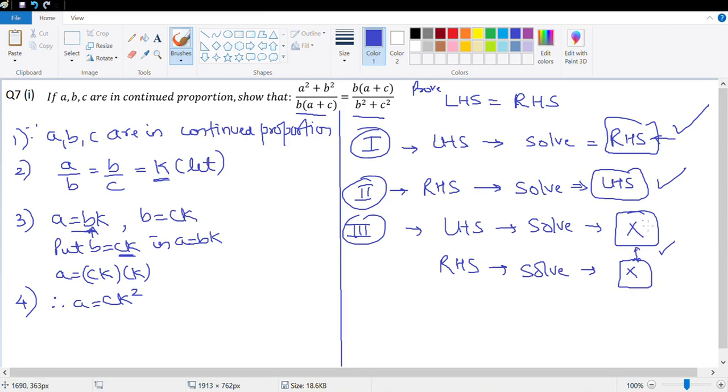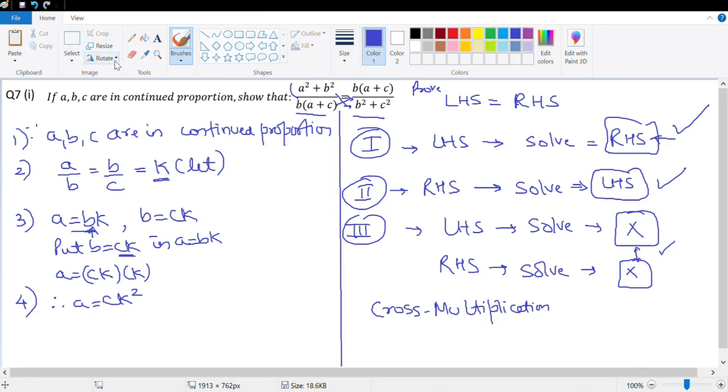There is no other method approved by the board, which means if you end up cross multiplying and you prove A square plus B square multiplied with B square plus C square is equal to the cross multiplication, that is not allowed. Any operation which mixes left hand side and right hand side is not allowed. I repeat, any operation which mixes left hand side and right hand side is not allowed.